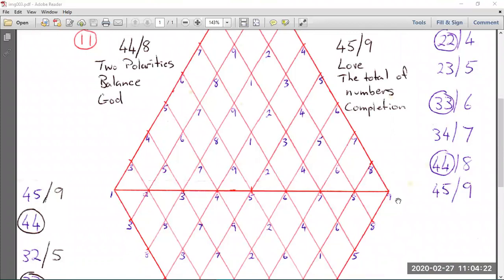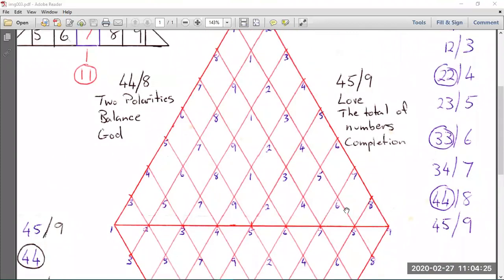Now the top triangle is calculated by using the bottom line only. So where these lines meet, here we've got 6 and 8 for instance. 6 and 8 equals 14, 1 and 4 equals 5. So that's how we get the 5 here. And 4 here is 4 and 9. So 4 and 9 is 13, and 1 and 3 equals 4. And that's how we get the 4.